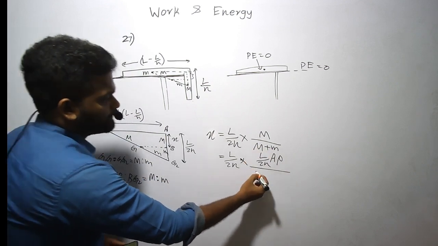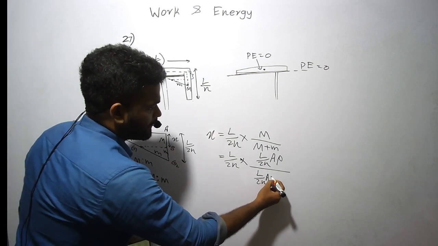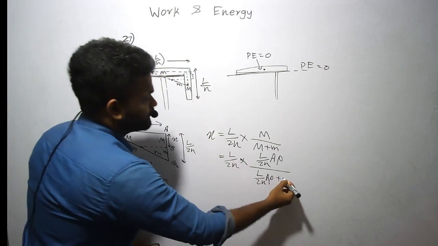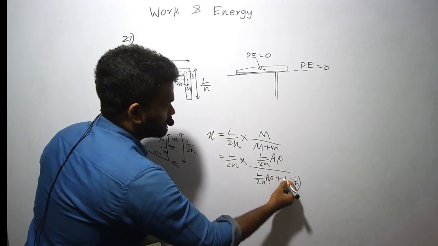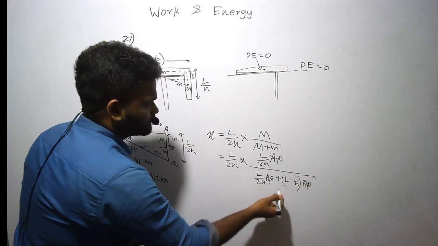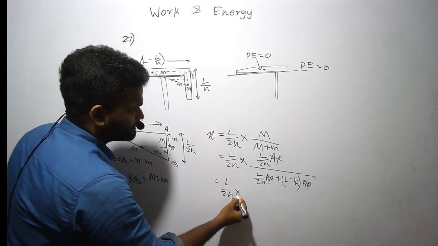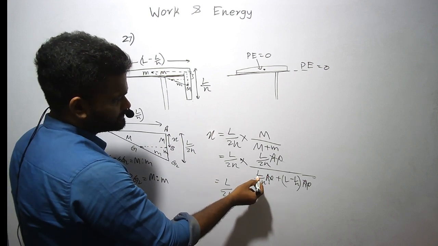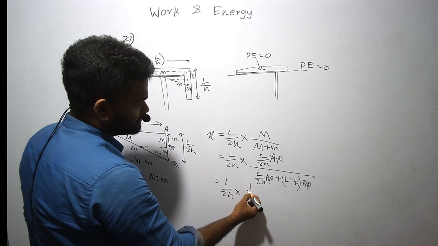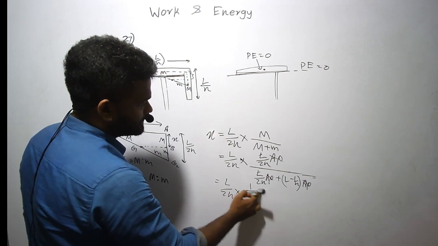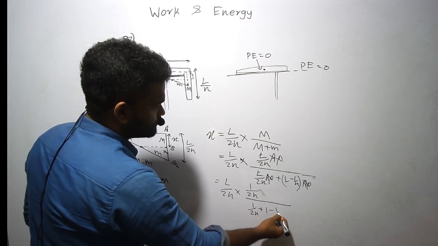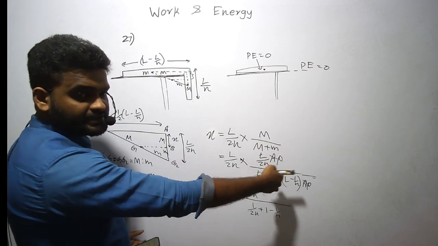Then again capital M. Small m is what? This length. Rho cancels off. This capital L also cancels off if you want. So above it is 1 over n. Below 1 over n plus 1 minus 1 over n. All the L terms, I got rid of those, right?